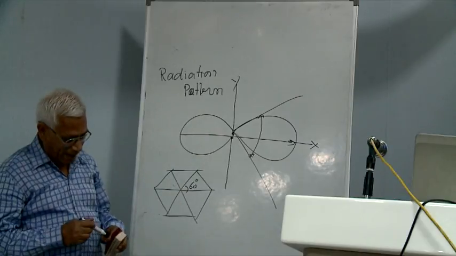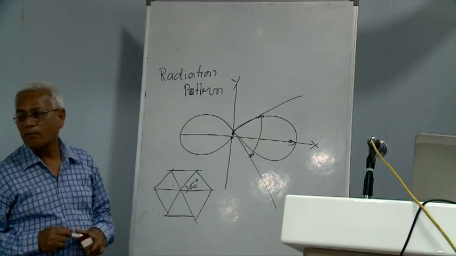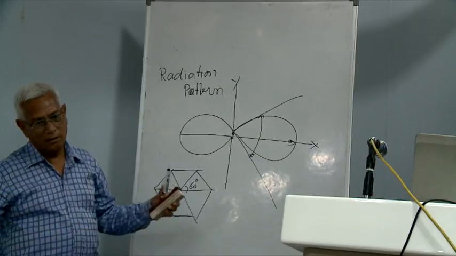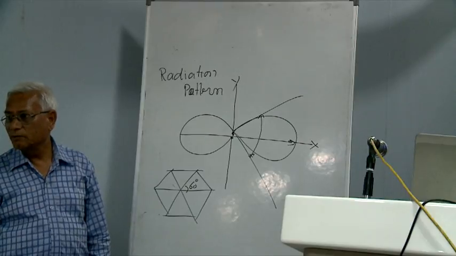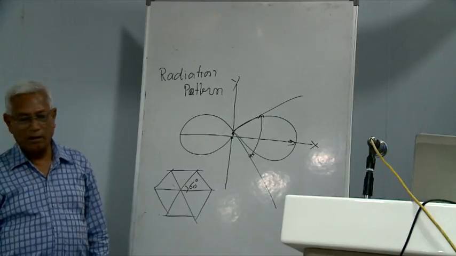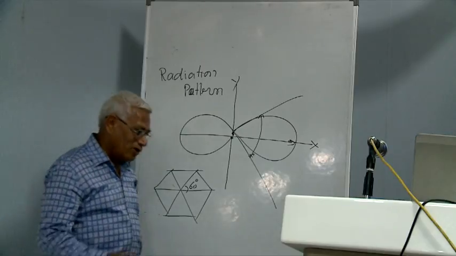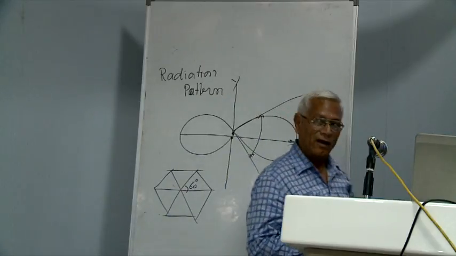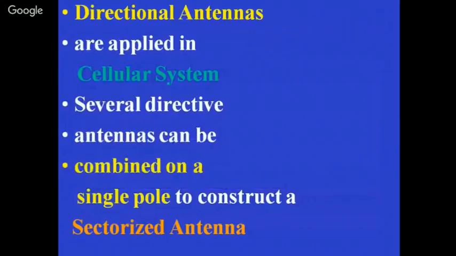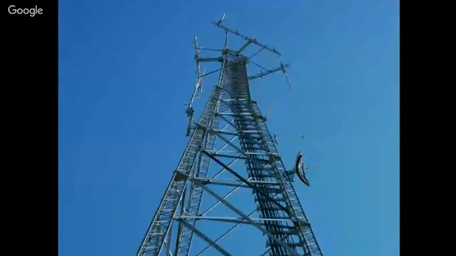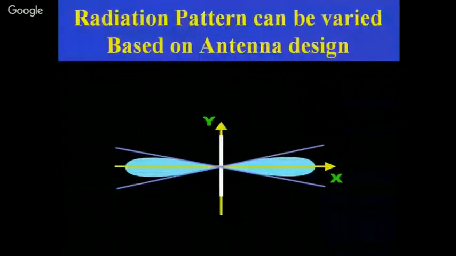If you take any dipole, you cannot get exact 60 degree radiation pattern. Can you increase the angle or can you decrease the angle? The two things. Tell us. Angle is very low here compared to that figure.